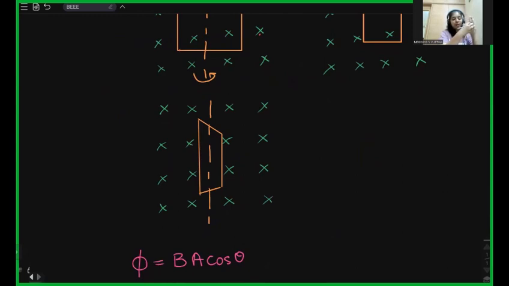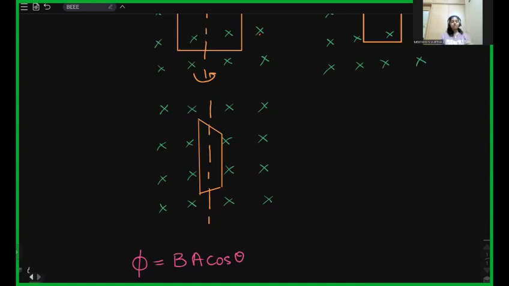And when I keep rotating it like this, and you see it in the front plane, and remember we're talking about only one plane, so one dimension, the number of field lines passing through the area is lesser compared to the one before. In this way, I can reduce the number of field lines and automatically reduce the magnetic flux effect it is having on the coil.